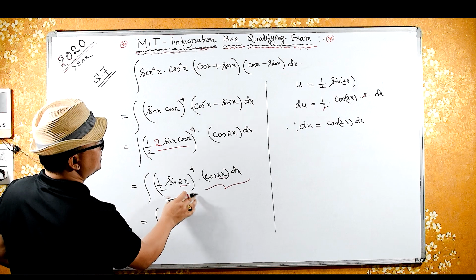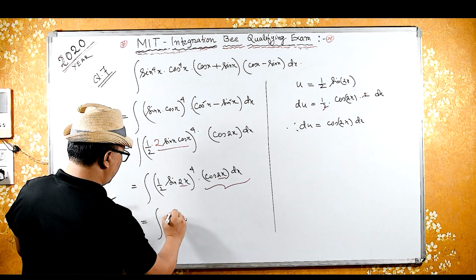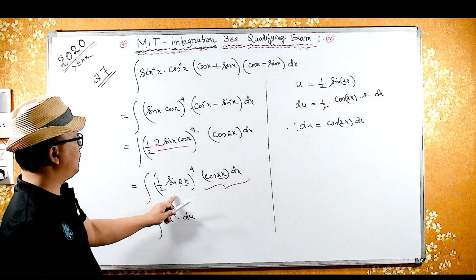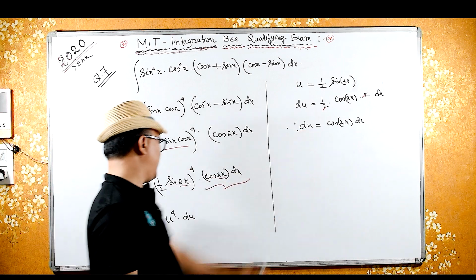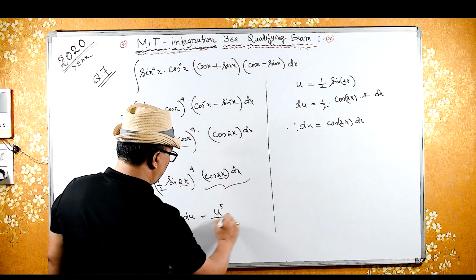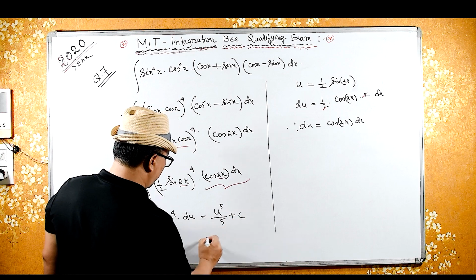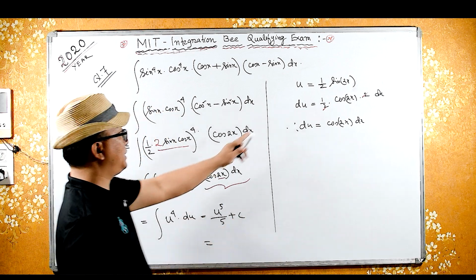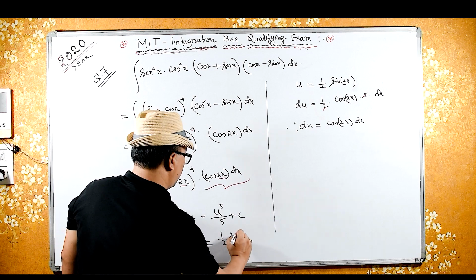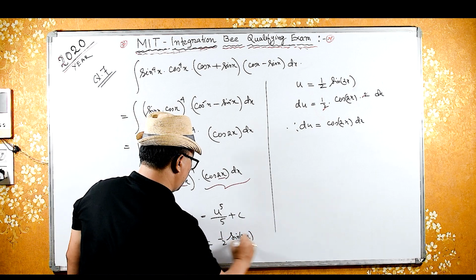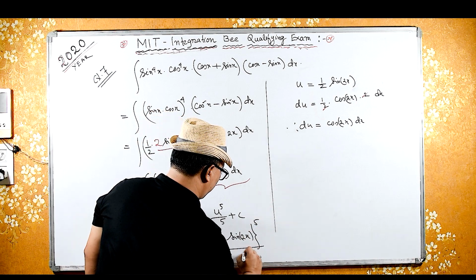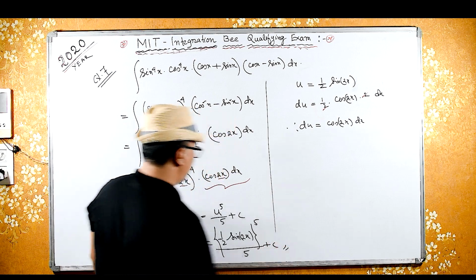Therefore, the integral is u raised to 4 into du. Integrating this gives u raised to 4 plus 1, which is 5, upon 5, plus some constant. What is u? u is 1 by 2 sine of 2x, so the answer is 1 by 2 sine of 2x raised to 5 upon 5 plus some constant.